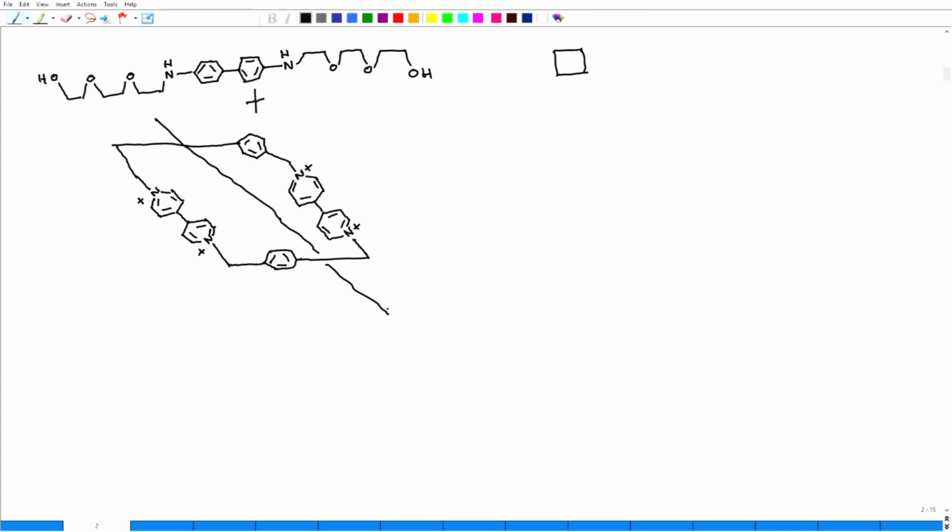Why will it go inside? Because this linear has these two aromatic moieties, and these are also 4,4-bipyridinium moieties. This 4,4-bipyridinium is electron deficient, and these are not electron deficient. So electron deficient and electron rich, they will have pi stacking.